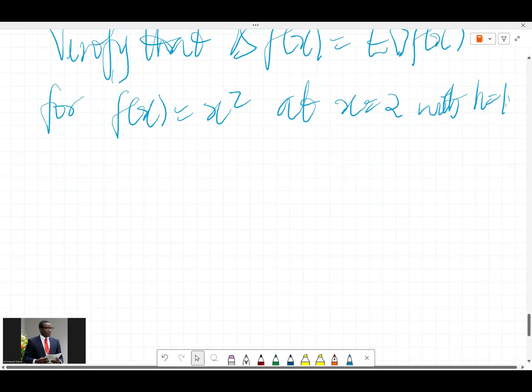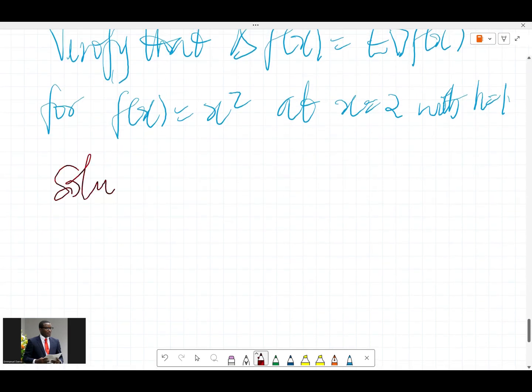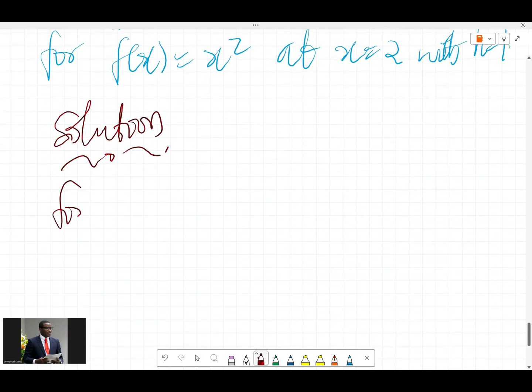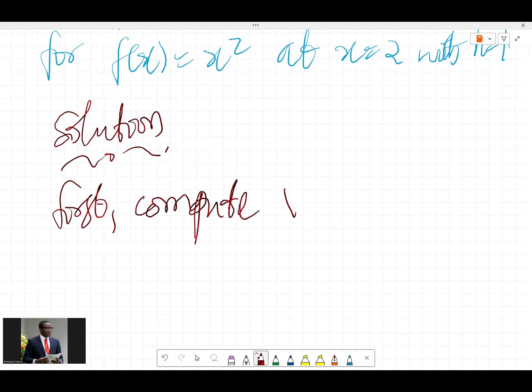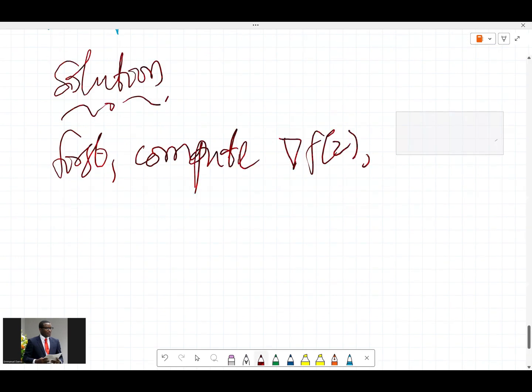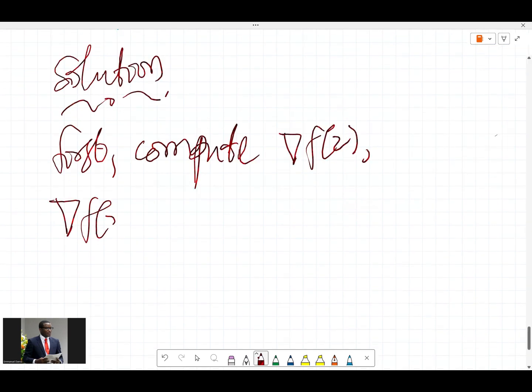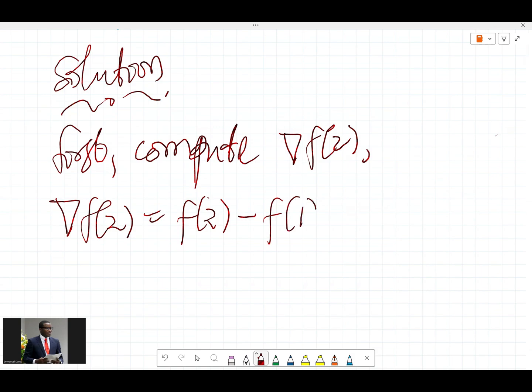So for the solution, we first compute the backward difference of f of 2. That would simply be f of 2 minus f of 1, by the very definition of backward difference.